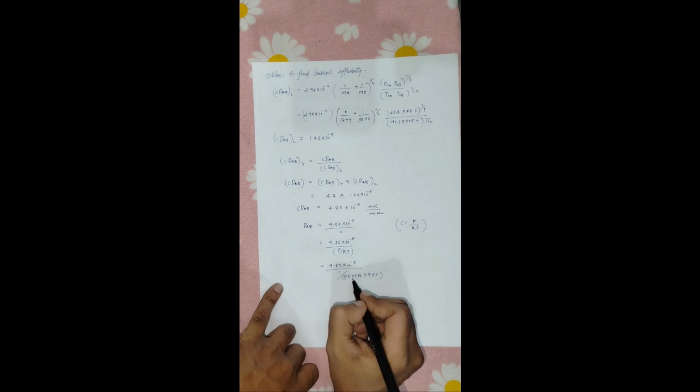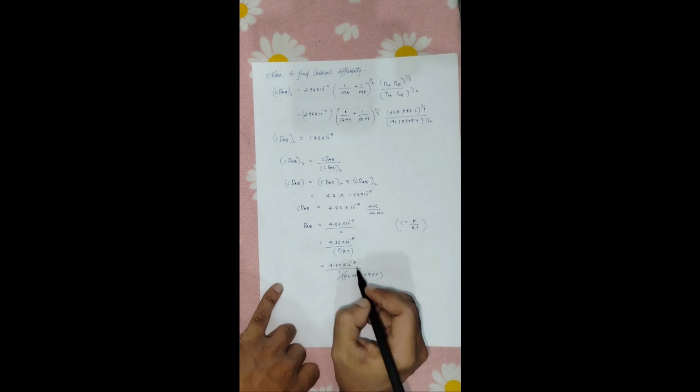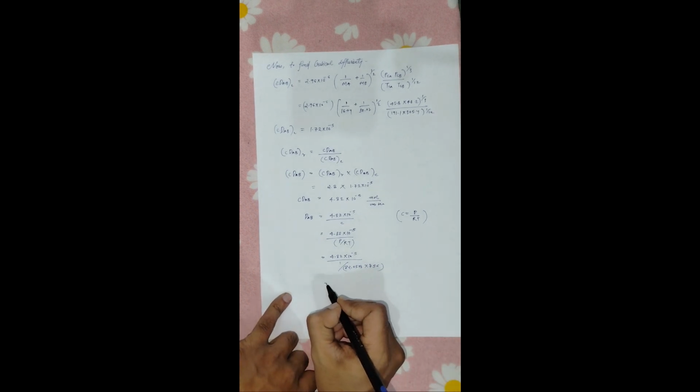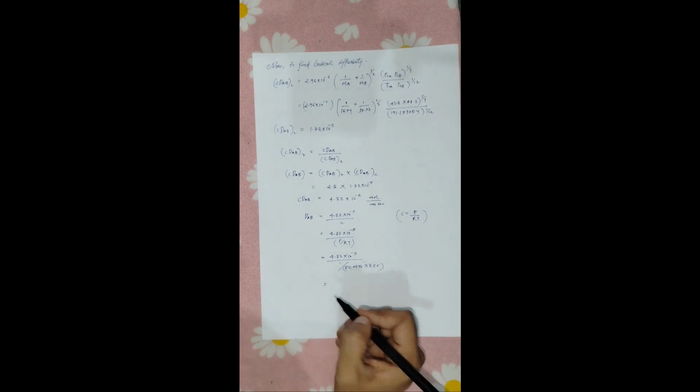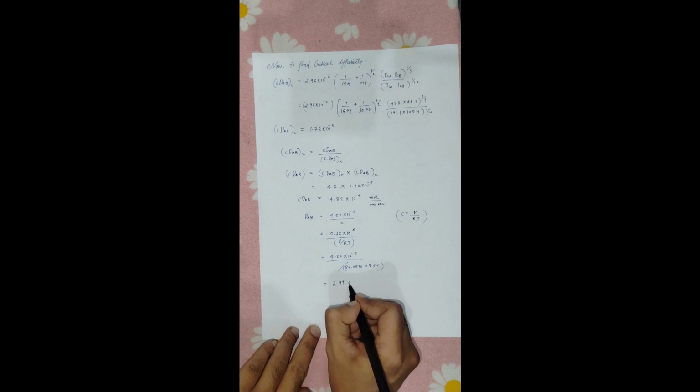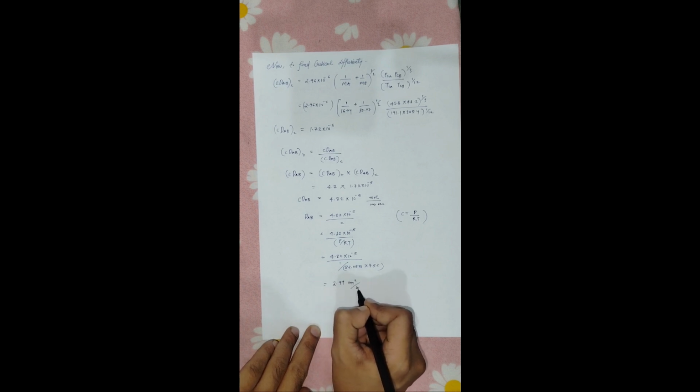This is our universal gas constant, and this is temperature in Kelvin. After substituting in the calculator, we get 2.99 centimeter square per second.